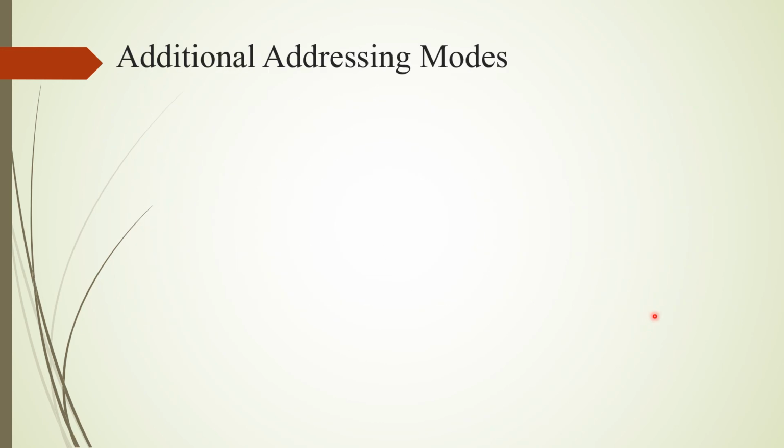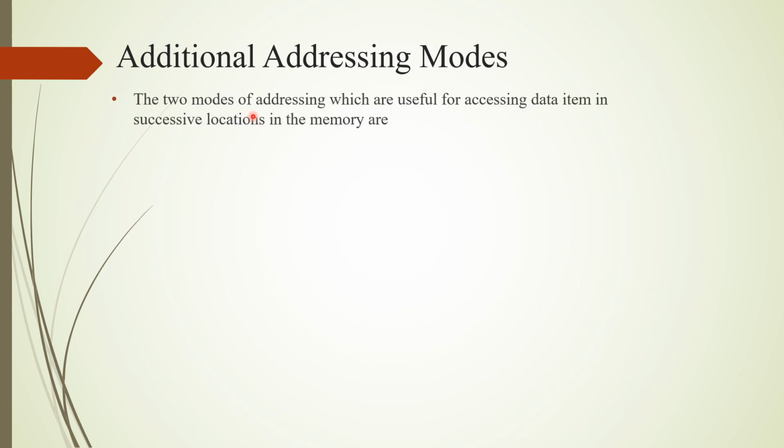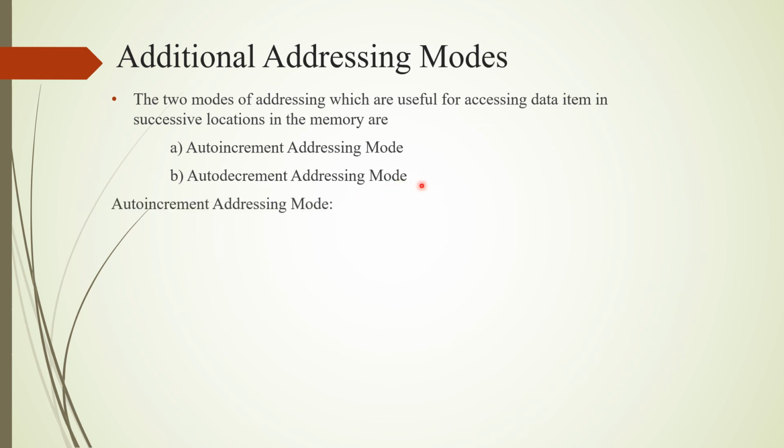Now coming to the last two types of addressing mode, which are called additional addressing modes. The two modes of addressing which are useful for accessing data items in successive locations in the memory are auto increment addressing mode and auto decrement addressing mode.